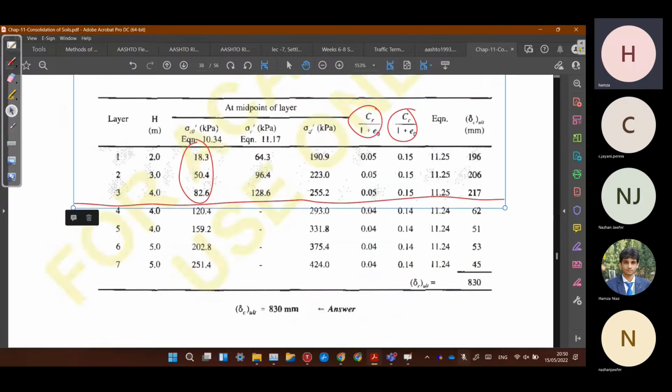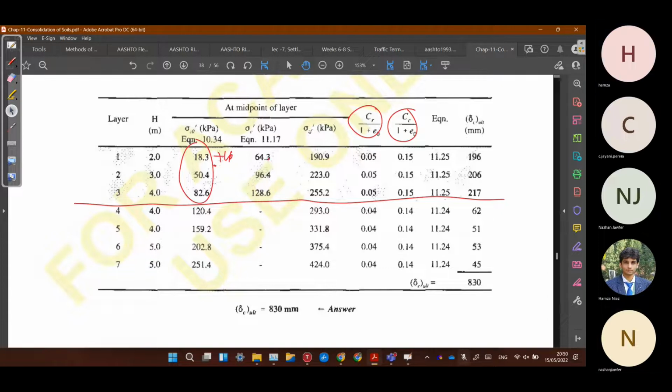So simply add sigma m to the sigma z naught value in the first column, and we will get the sigma c value. Simply add delta sigma in the first column, and we will get the sigma zf value.